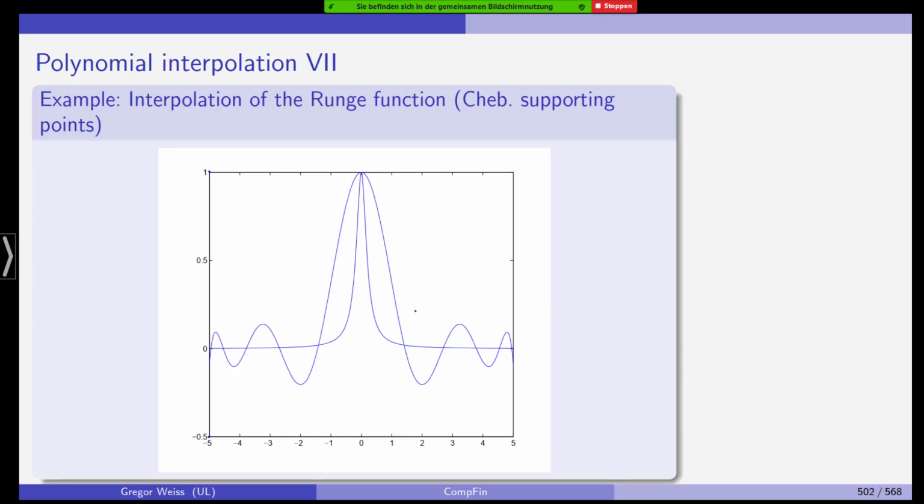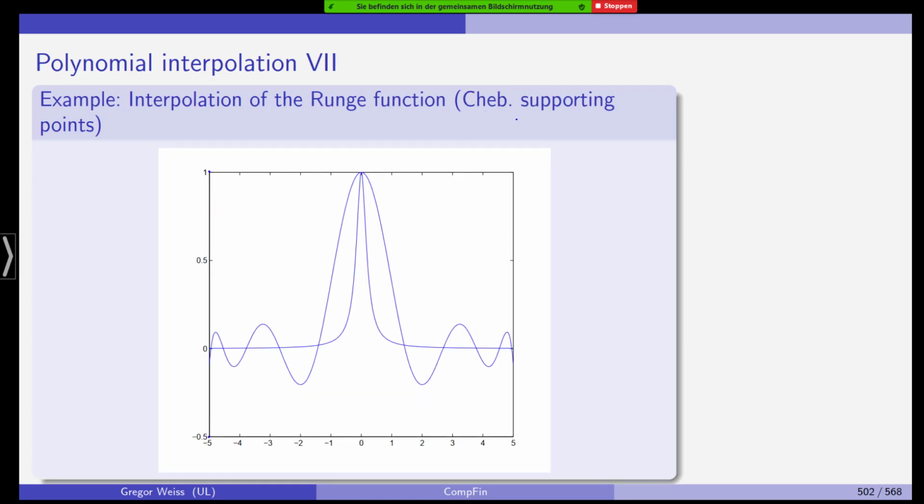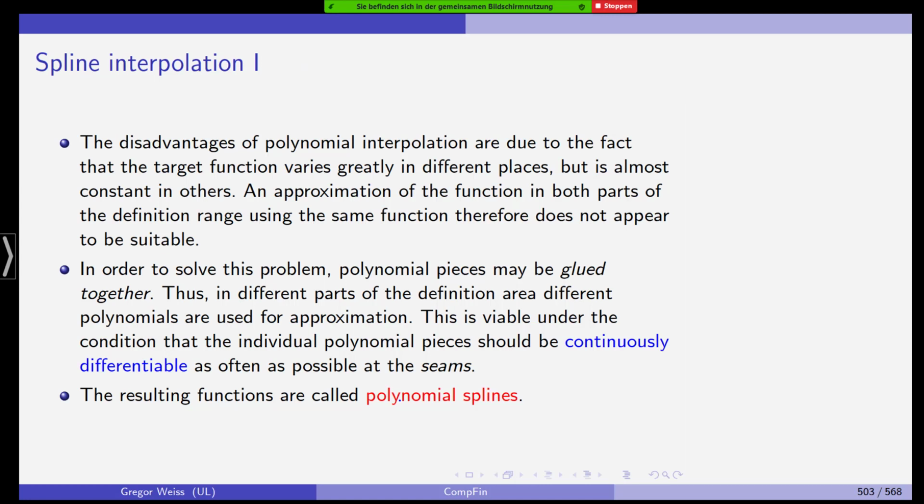So we have, again, we are running from -5 to 5. So even though this looks worse, actually the scale is different. So actually here the Chebyshev supporting nodes, they will reduce oscillation, but they still oscillate. Yeah? So this is a huge problem actually with polynomial interpolation.